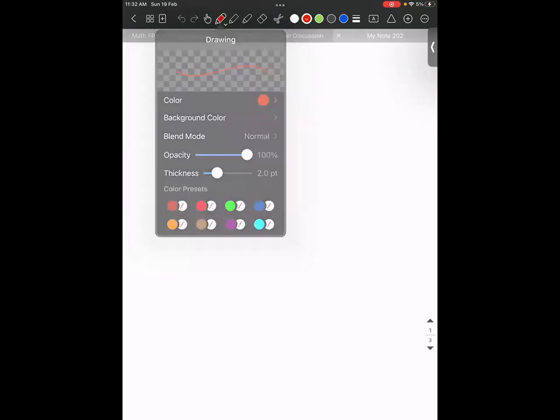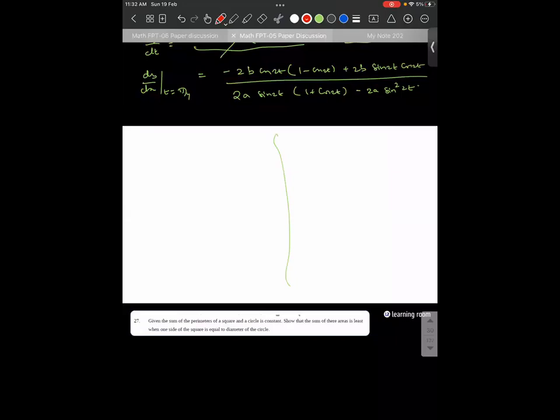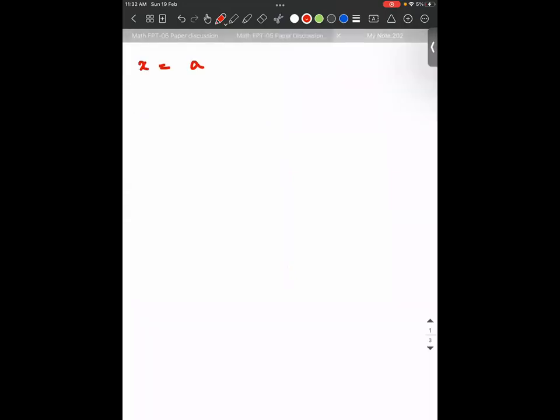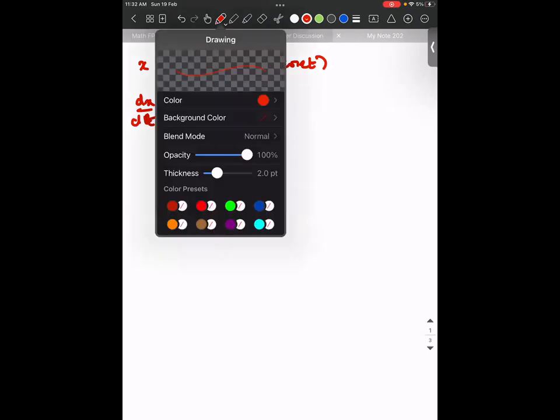Kaushik, can you read the question alone? X is equal to a into sin 2t into 1 plus cos 2t, sir. So for dx by dt, I can take this a outside.